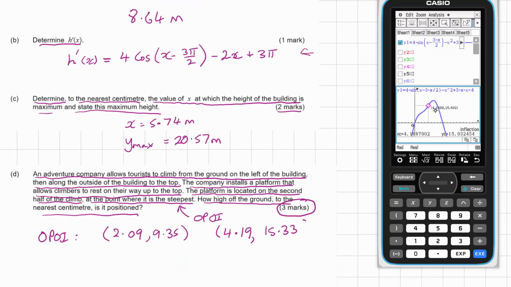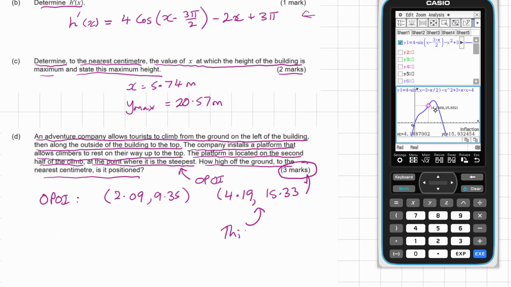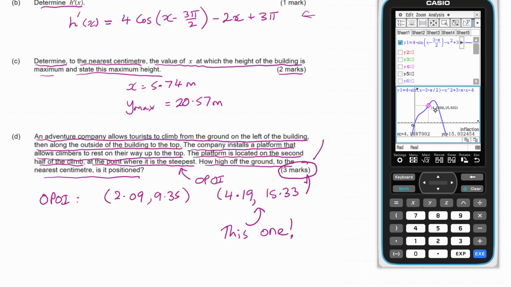So let's put them both down and identify that we want this one. Remember, we're trying to make sure that we earn all 3 marks here. And therefore, we can say that the height of the platform is 15.33 meters.